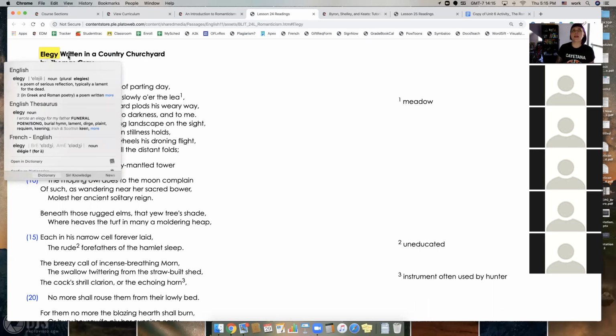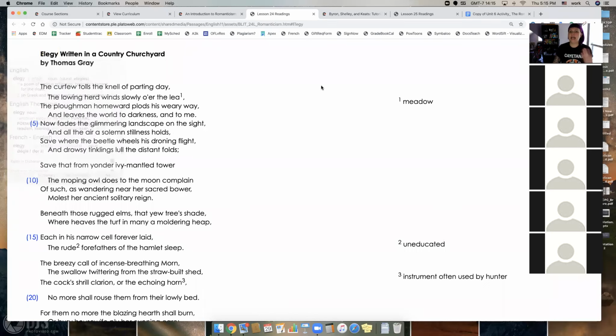If you've been to a funeral and you're familiar with the word eulogy, an elegy is usually just a eulogy in poem form. It's about death. That's really the focus. So an Elegy Written in a Country Churchyard. So we already know that we're somewhere in the countryside, right? So already we're dealing with a romantic theme.